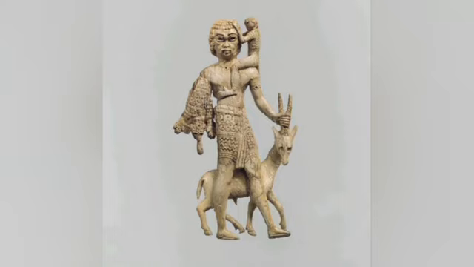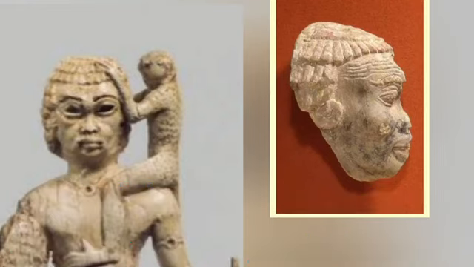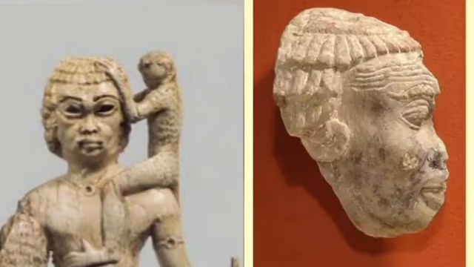And this African man that you can see looks pure African, has the Nubian wig on his head. And that wig, again, notice the similarities between this man and how the ancient Egyptians depict Nubians. This is how Phoenicians depict Egyptians.